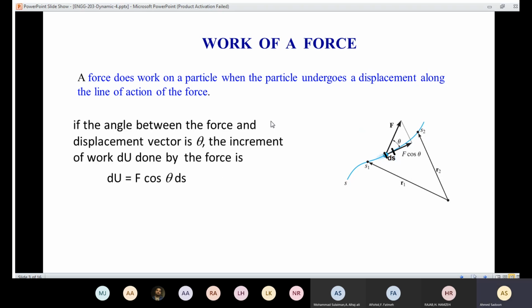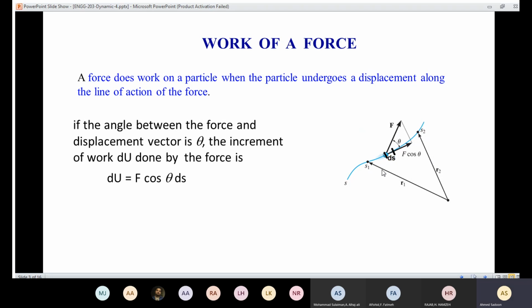So if the angle between the force and the displacement vector is theta, then the increment of the work du done by that force is going to be du equal F cosine theta, the component of the force along the displacement, times the small displacement ds. So here is the path s, and this one here is ds.